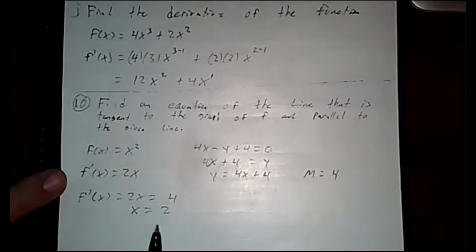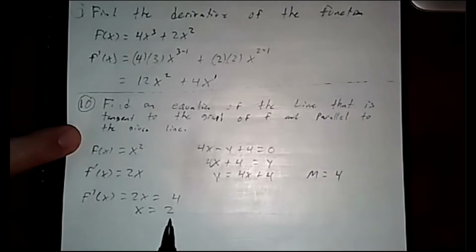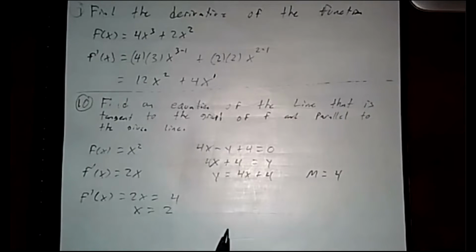So we just need to find a location. Okay, well, what is the y value if I plug it into the original? What is f of 2? It would be 4.